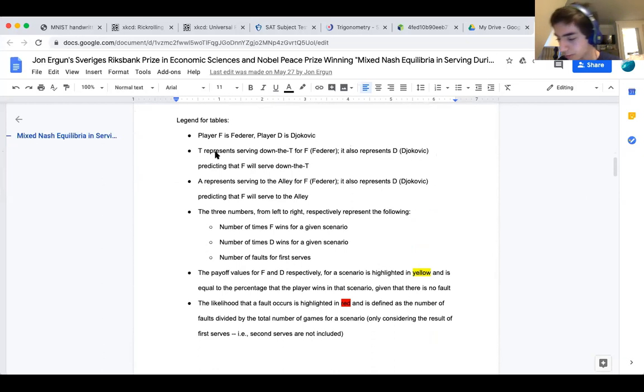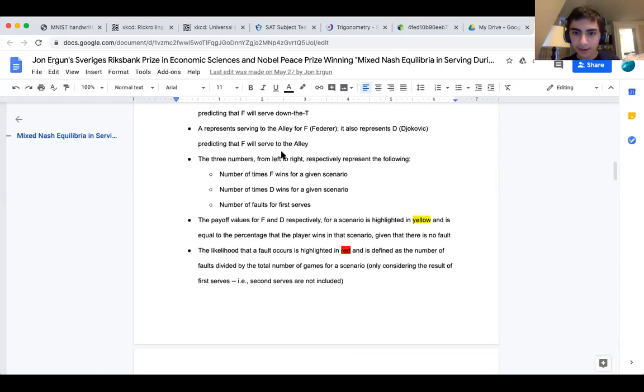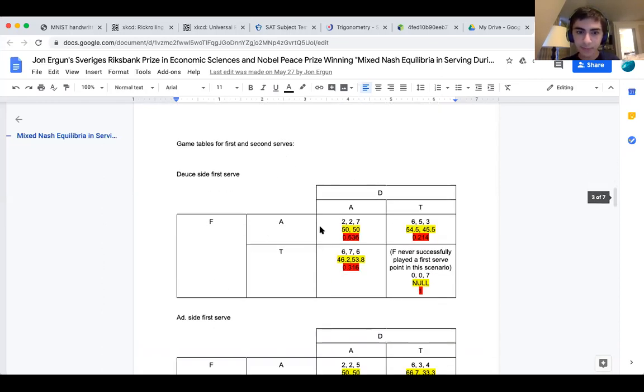Another thing you have to do is continue to simplify the game and narrow it down. So I only looked at the case where Federer was serving. So this is one example.